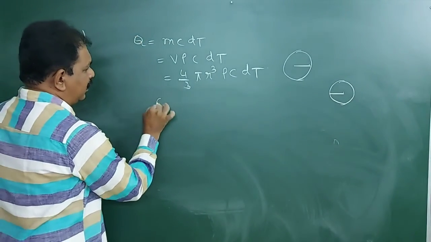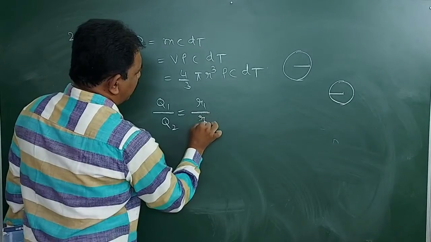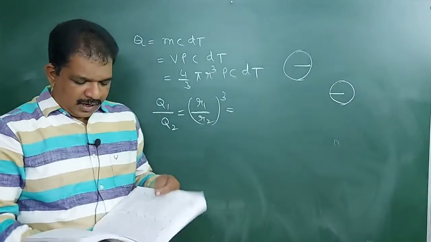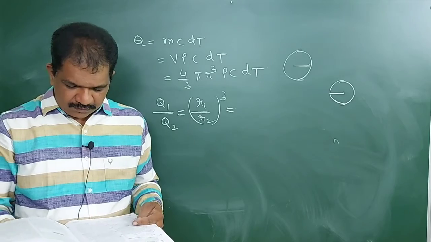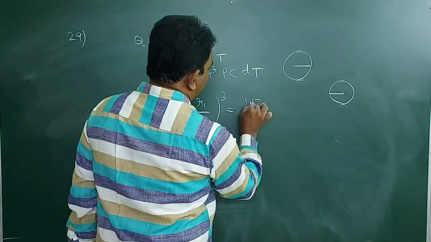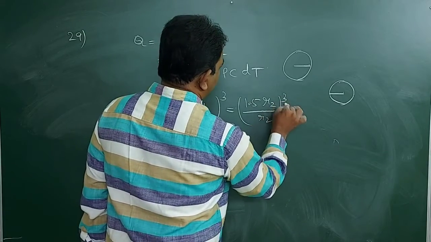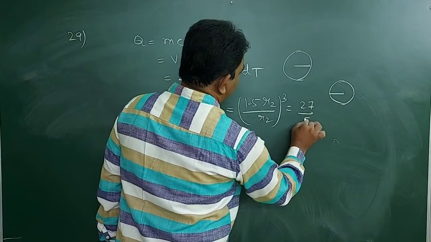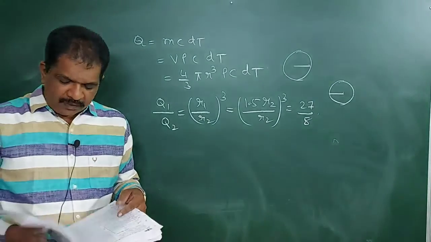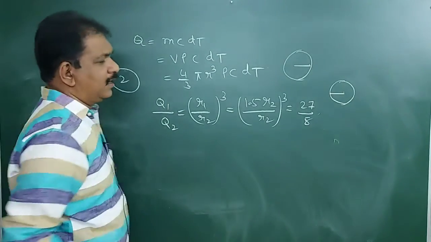Here Q1 by Q2 is equal to (R1 by R2) whole cube. Here R1 value is 1.5 R2, so (1.5 R2 by R2) whole cube, (3/2) cube, this is 27/8. So 29, it will be the second option.